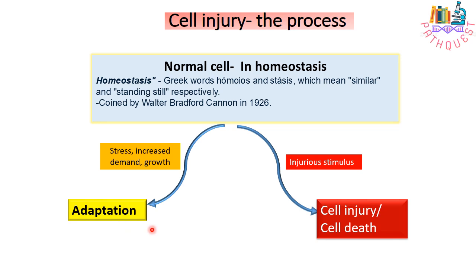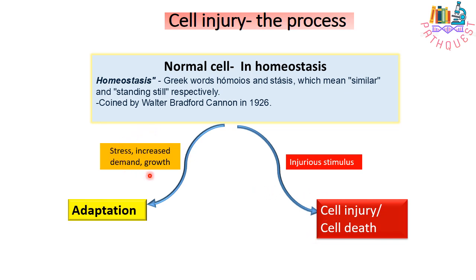We can compare adaptation and exposure to injurious stimulus to the human body. If we are exposed to stress, like the stress of an exam, we are expected to study more, so we will try to adapt ourselves. But if we experience a fall, then that is an injurious stimulus and it is going to result in some damage or injury to the body.